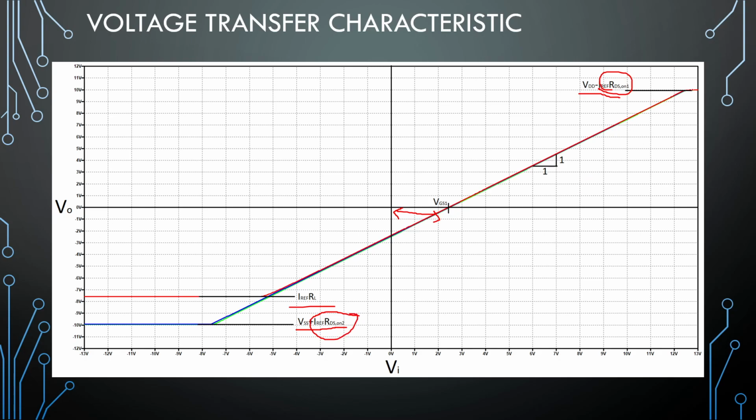So we can get very close to the rails when using MOSFETs. So it's not 0.3 anymore, it is a couple of millivolts now. That's one of the advantages when using MOSFETs, but the big disadvantage is this huge offset right here, but you can decrease this quite a lot if you pick the right MOSFET.